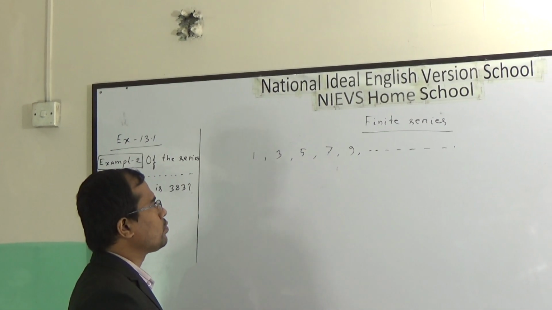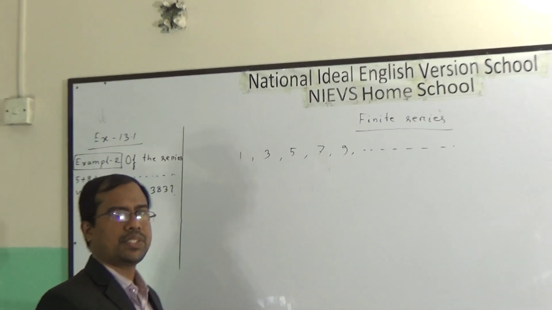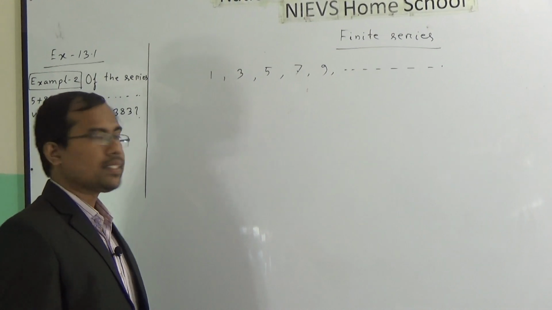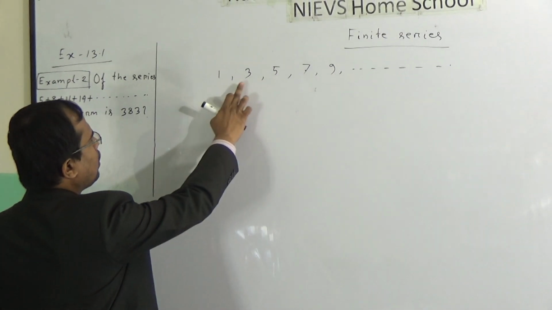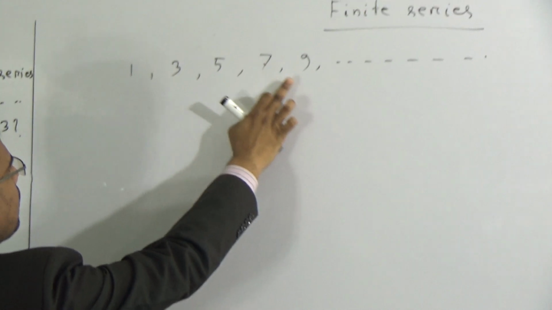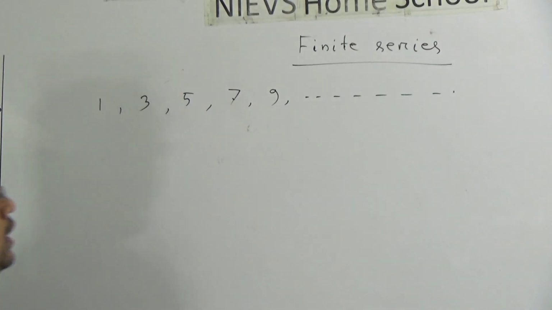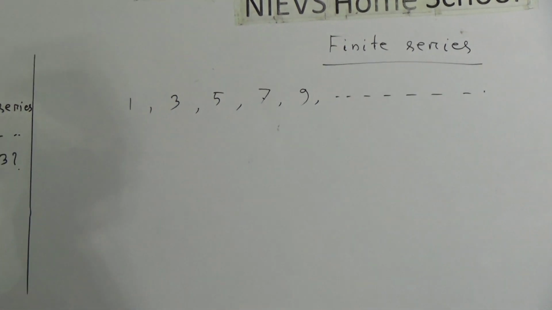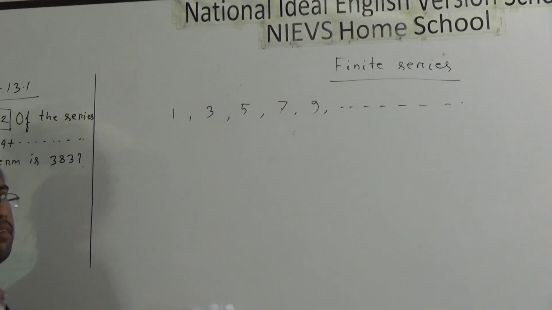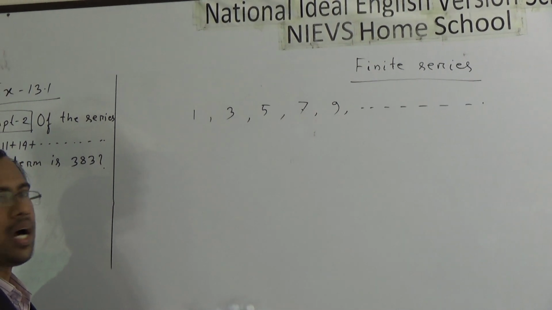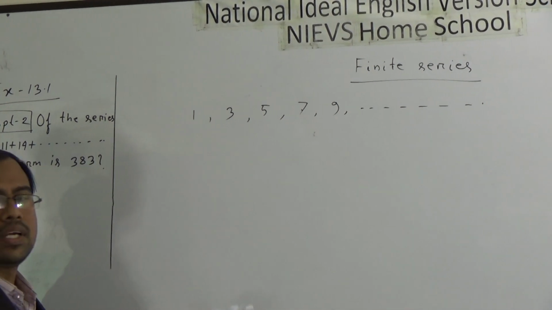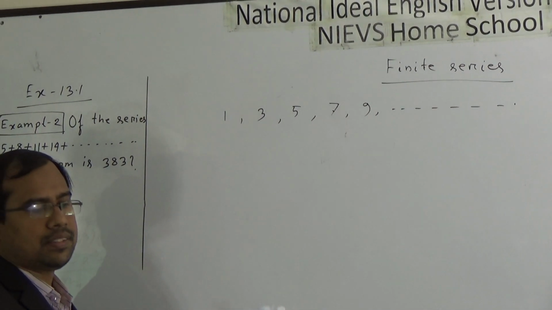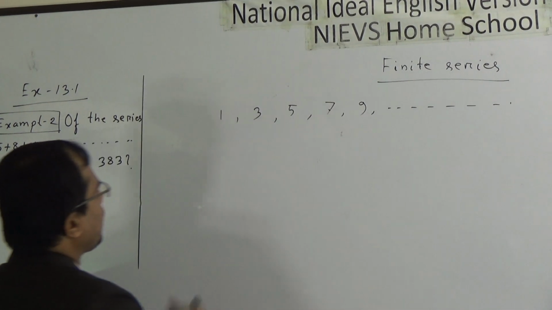Dear students, in class 8 you have been introduced to sequence. Here 1, 3, 5, 7, 9, dot dot dot. This is a sequence. If the terms of a sequence are successively connected with plus sign, then a series is formed.